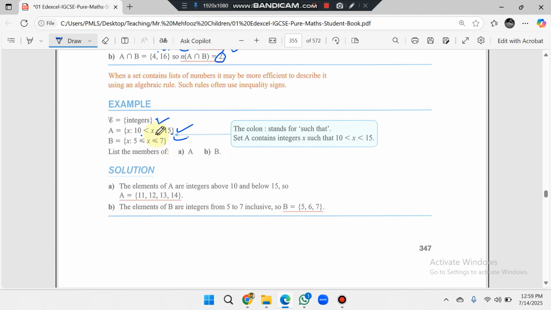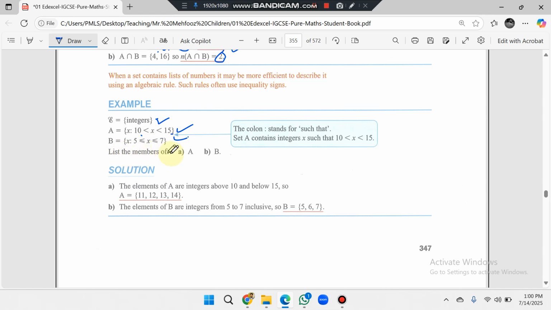You can see that in set A, the given inequality is just strictly less than, but in set B the given inequality is less than or equal to. Less than or equal to, or greater than or equal to, means that the two end numbers are included, but strictly less than means that neither 10 nor 15 is included in this set.